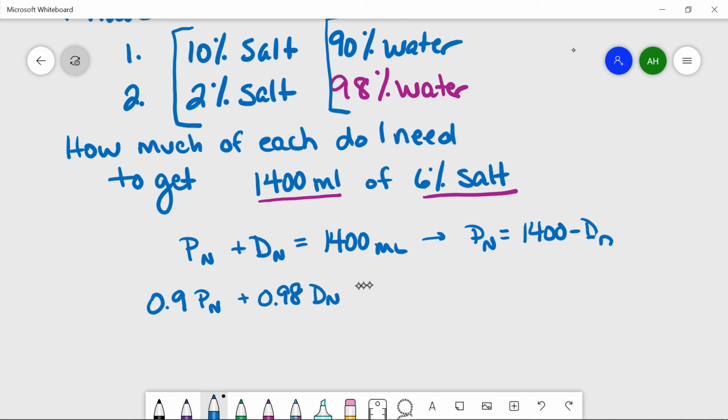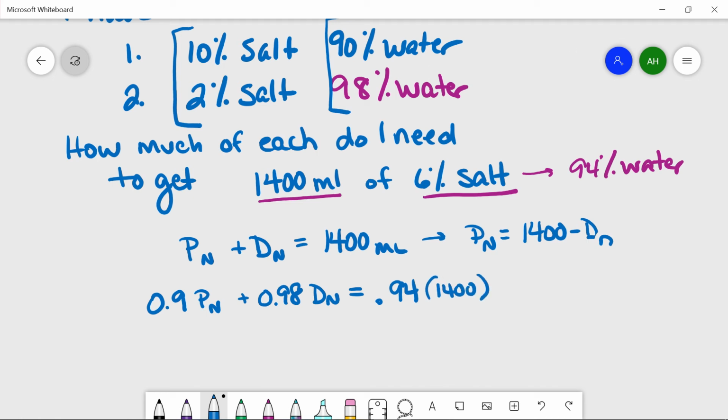And what we're going to get in the end, think about this: 6% salt. If it's 6% salt, then it's going to be 94% water, right? So when I get these two together, I'm going to get a solution that is 0.94 water out of this 1,400 milliliters.